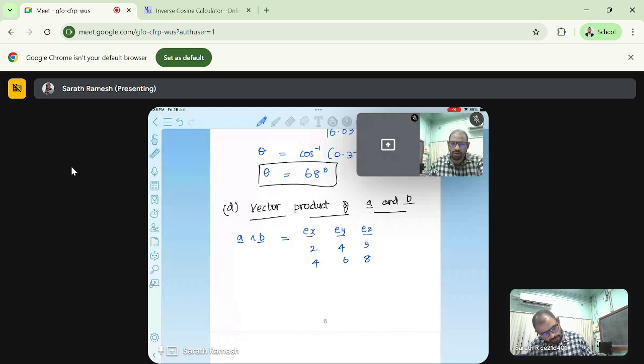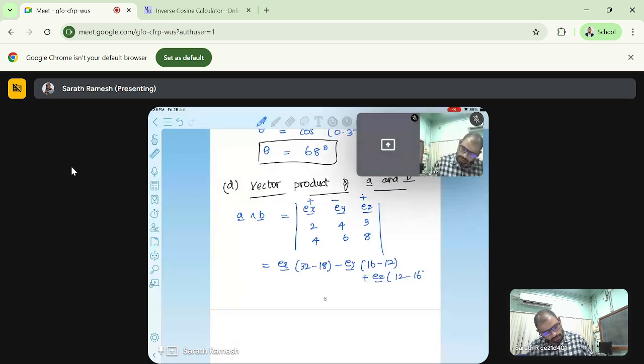This is equal to Ex times 14 minus Ey times 4 plus Ez times minus 4. So the answer is 14Ex minus 4Ey minus 4Ez.